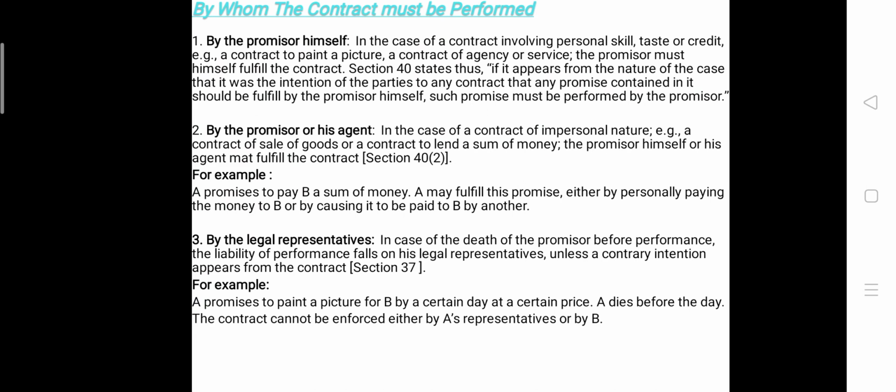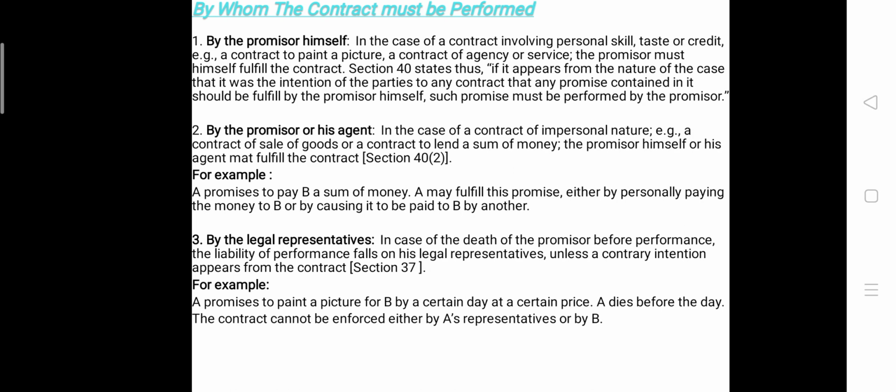Now, we'll be discussing by whom the contract must be performed. The contract must be performed by the promisor himself. In the case of a contract involving personal skill, taste or credit, for example, a contract to paint a picture, a contract of agency or service, the promisor must himself fulfill the contract.